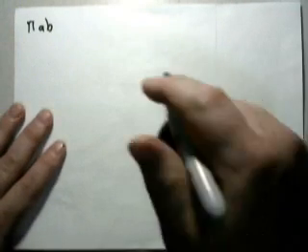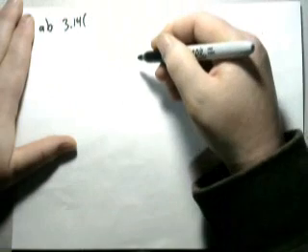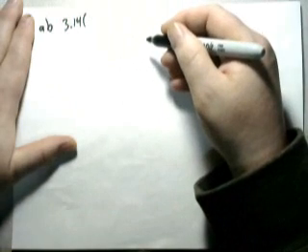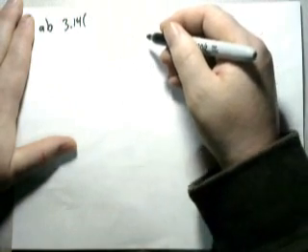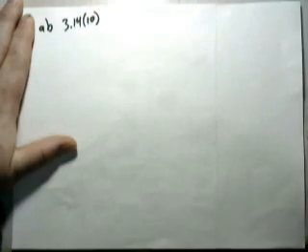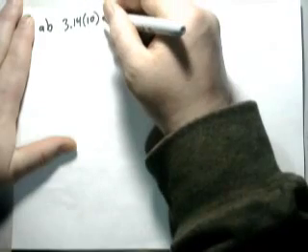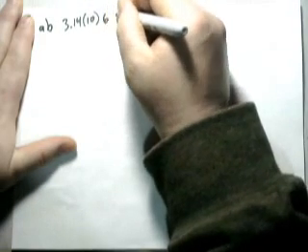Remember that. So we have 3.14 times the major axis is 20, so therefore A is 10. The minor axis is 12, so that means B is 6.